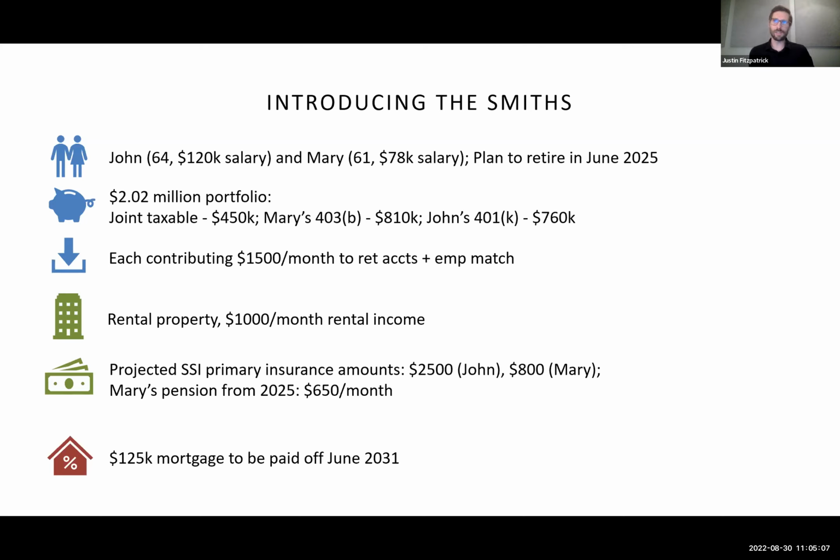They are saving aggressively. They're each saving $18,000 a year into retirement accounts plus an employee match. They do have a rental property, and we've got some Social Security projections as well. Their main liability is they still have a mortgage to be paid off in about 9 years. So with that, let's jump in.